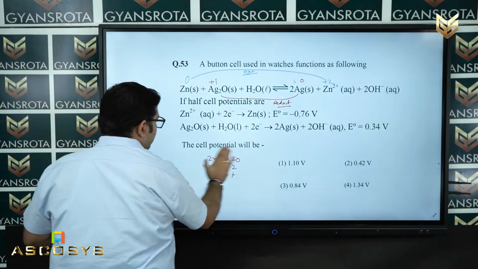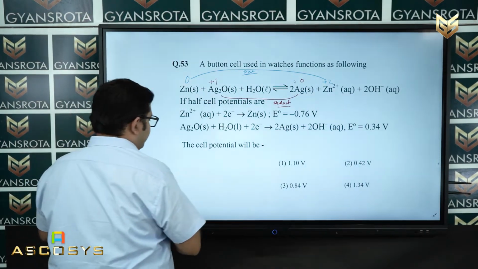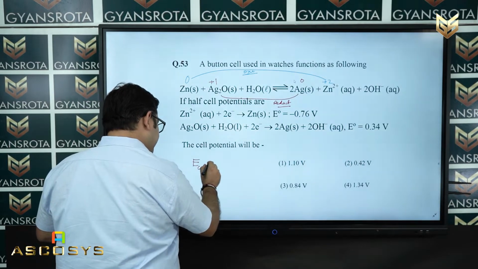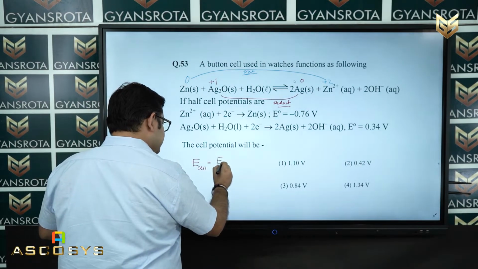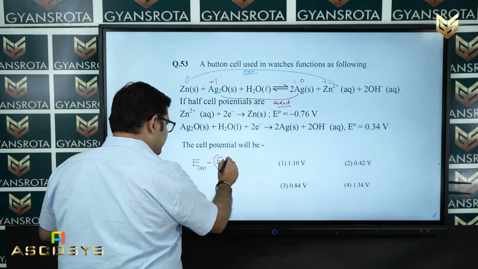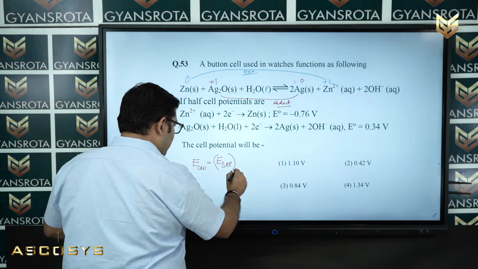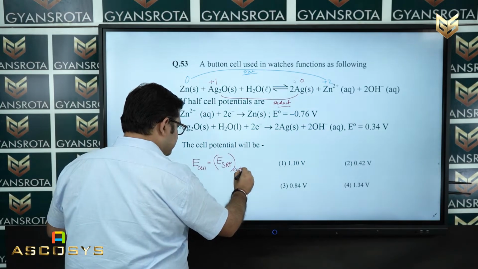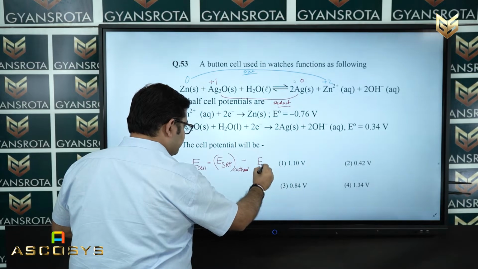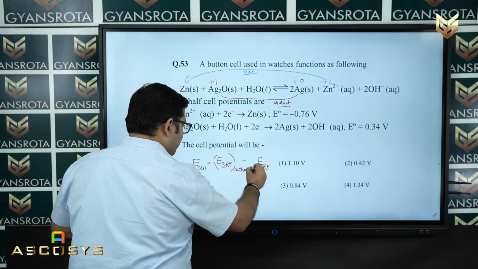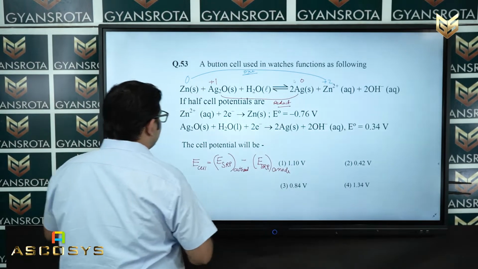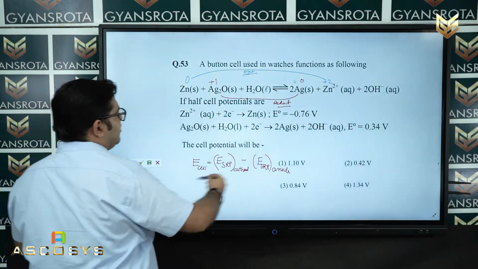Now, which formula are we going to use here? We know E cell is equal to E standard reduction potential, SRP, which is nothing but standard reduction potential of the cathode, minus E standard reduction potential of your anode. Now, if you see in this reaction they are giving your E values.